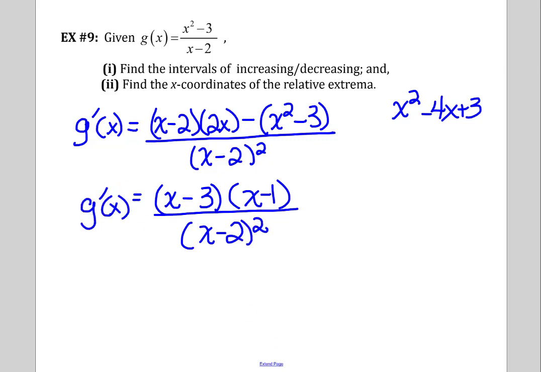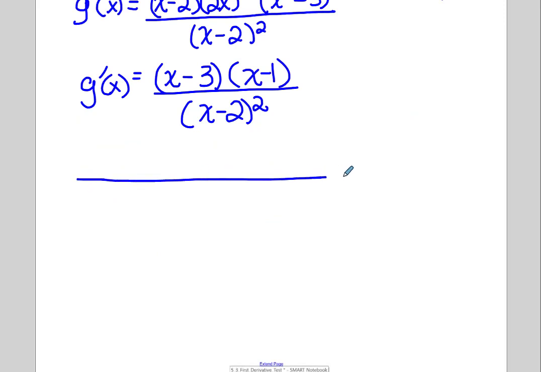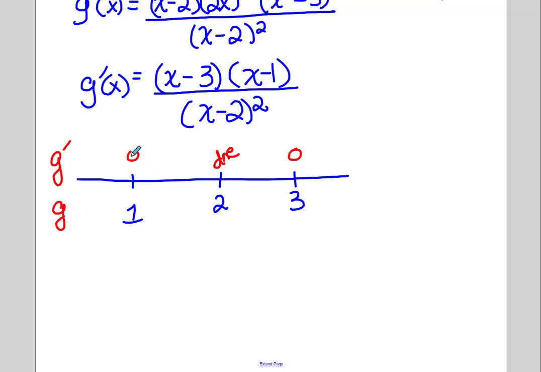So we know what our critical numbers are. We have a critical number at 1, and another one at 2, and another one at 3, because here we have a vertical asymptote at 2, so the derivative doesn't exist at 2, and it's 0 at 1 and 3. And just to save time, I'm going to tell you what my work turned out to be by substituting values in for this derivative.